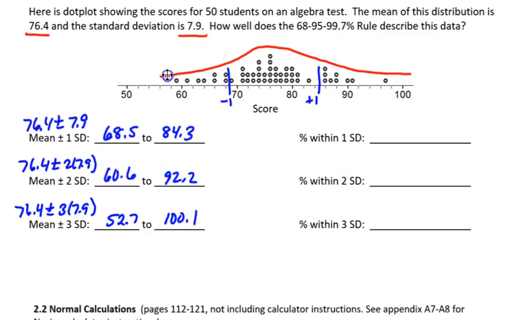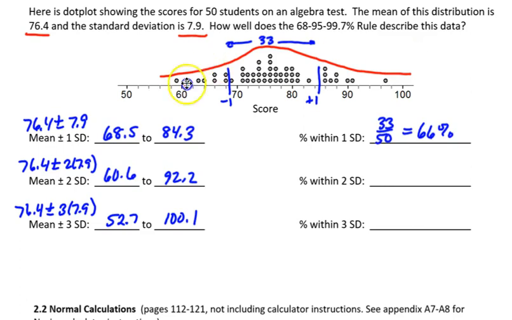I'm going to count the ones that are outside and subtract from 50 because that'll be faster. So we have 1, 2, 3, 4, 5, 6, 7, 8, 9, 10, 11, 12, 13, 14, 15, 16, 17. So 17 are outside. So there's 33 dots from here to here. So 33 out of 50 would be 66%.